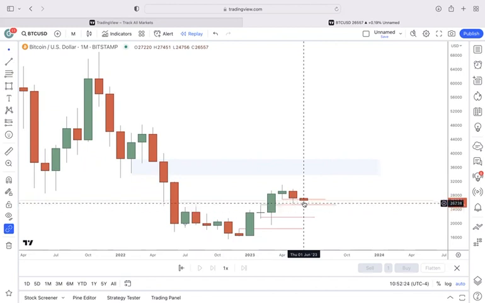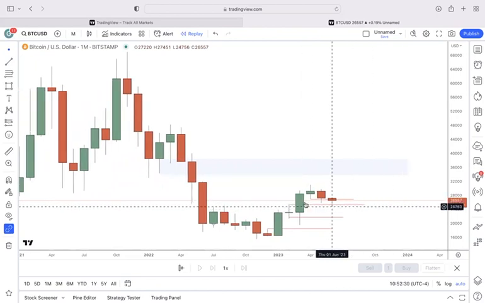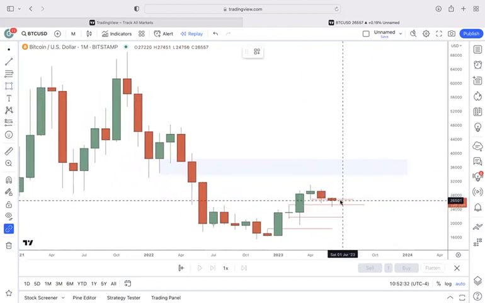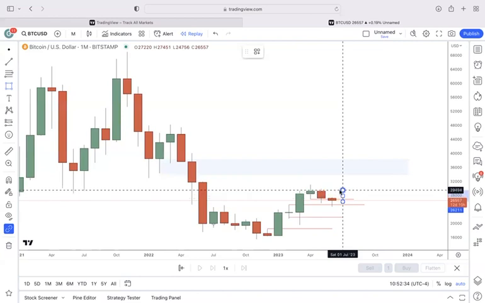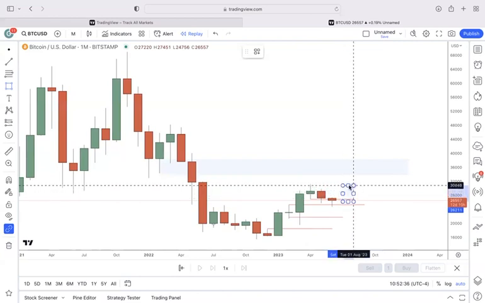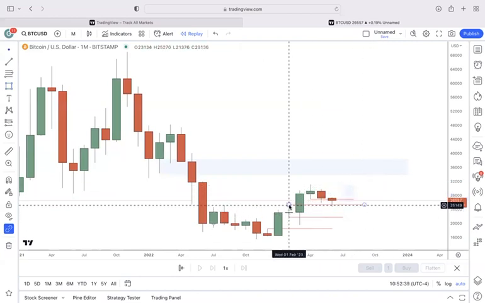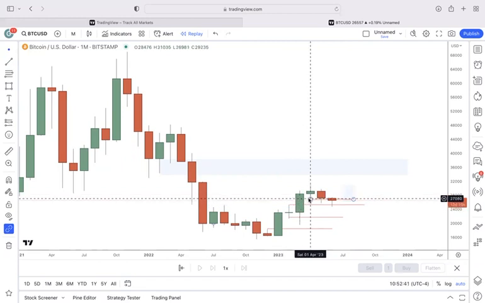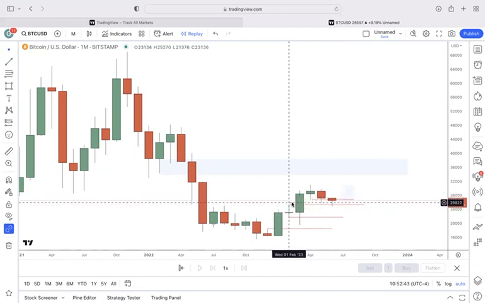Yeah, we started to stab down into there. But guess what? We got 2 weeks left for this candle to close. Guess what? I think it's going to close like this. I think we're going to start seeing it come up. Why? Because we just stabbed into this fair value gap on the monthly.